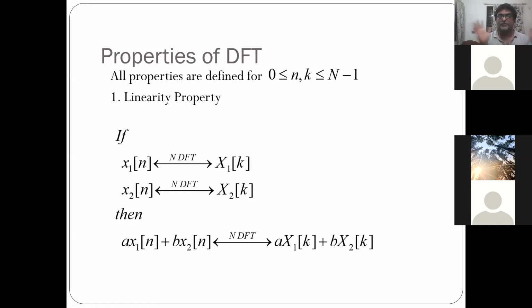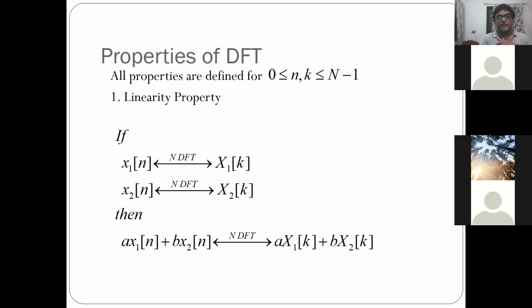So that is how you prove the properties for the DFT. Because DFT is one cycle of the DFS, you look at the proof for the corresponding property in DFS and then look at one cycle for the DFT.